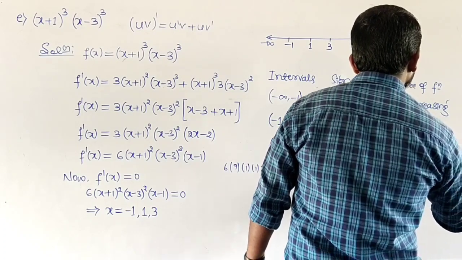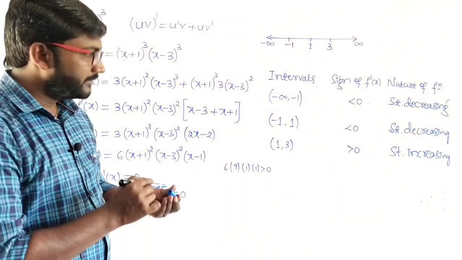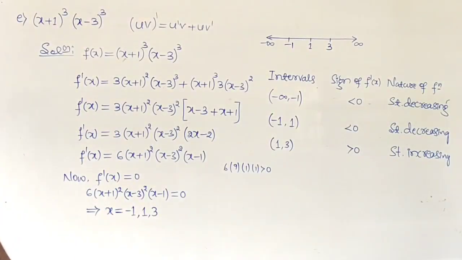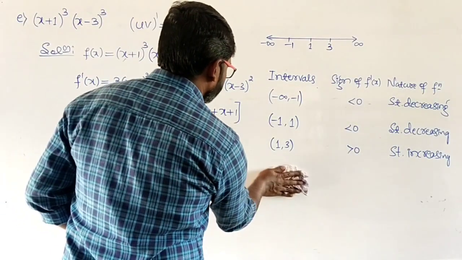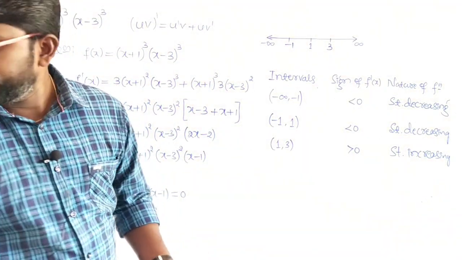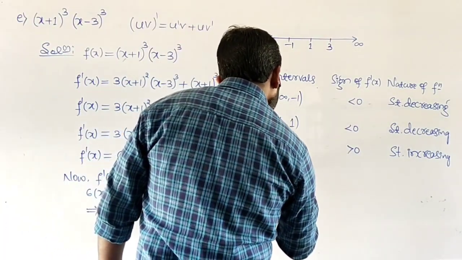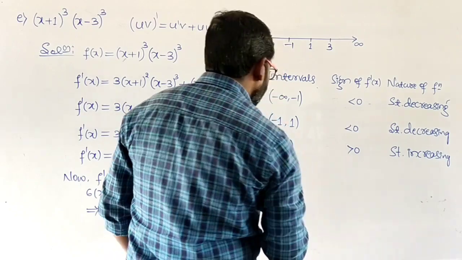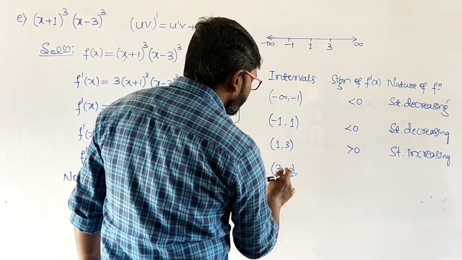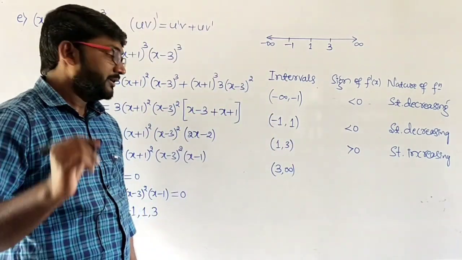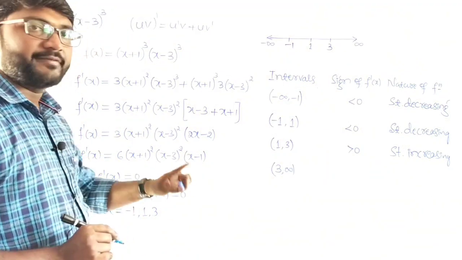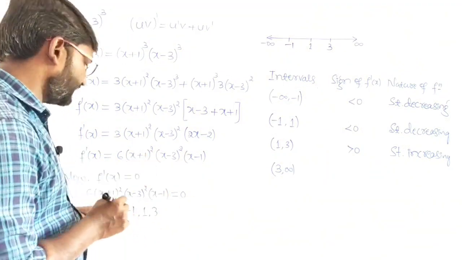And then let us take up the last interval, that is 3 comma infinity. So here we can take plus 4, plus 5, and so on. So let us take 5, and substitute in this.